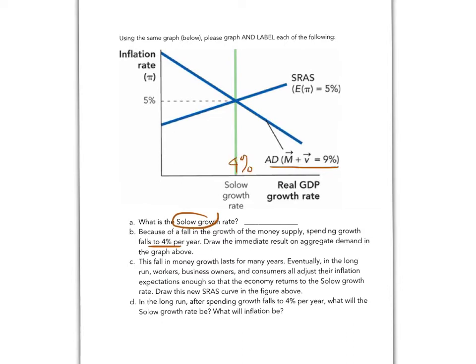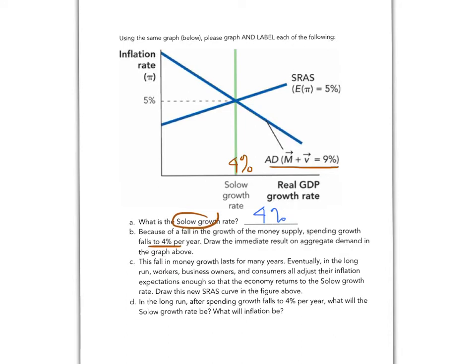So the Solow growth rate is 4%. Again, notice all the curves are crossing at the Solow growth rate, so the economy is working at its potential. And we can note that with a 4% there.